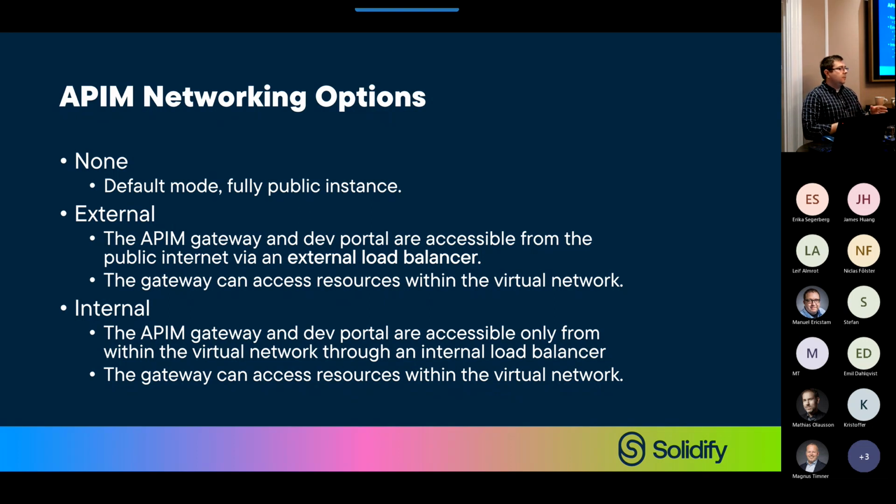On the other hand, if we deploy an internal version, both the API gateway and the portal are only accessible from the internal network. Quite good options. Again, they are just available for the premium tier. But if you want to use standard, then you could use private endpoints to be able to reach endpoints or backends in a VNet.